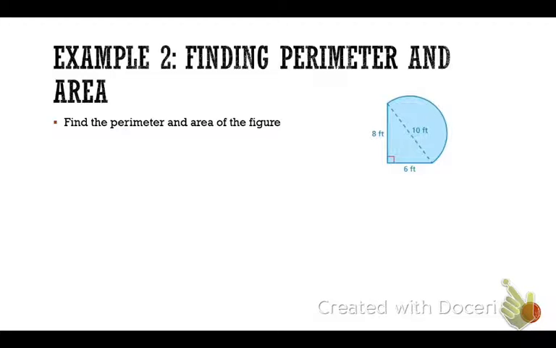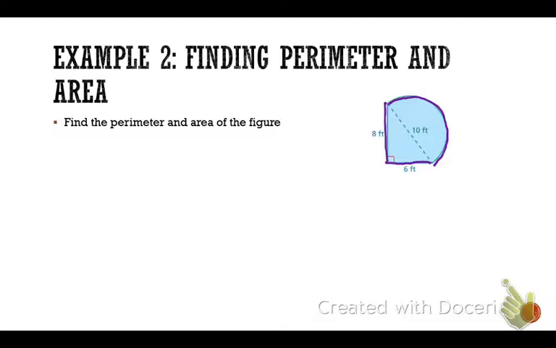Okay, so if I want to know the perimeter, well, the triangle part's easy. 6 plus 8, right? But now I have to calculate what the semicircle circumference is, and I have to add that to it. That's something that we learned yesterday, so this can be practice of what we learned yesterday.